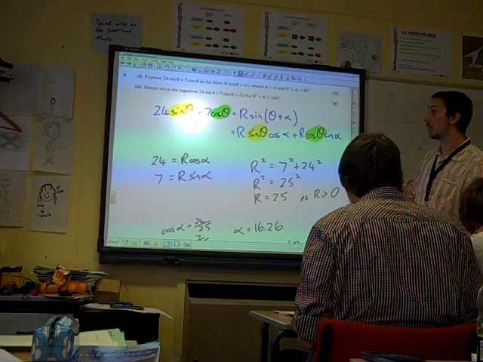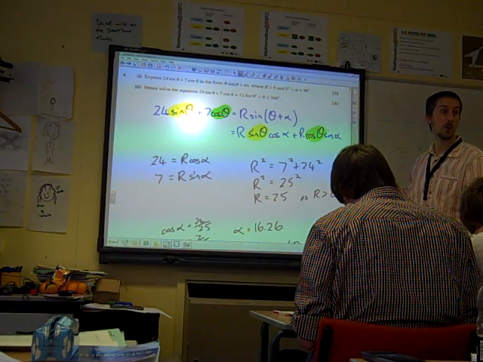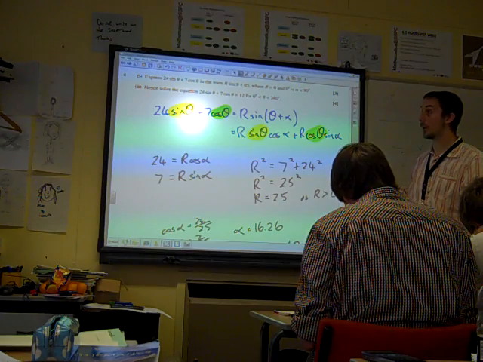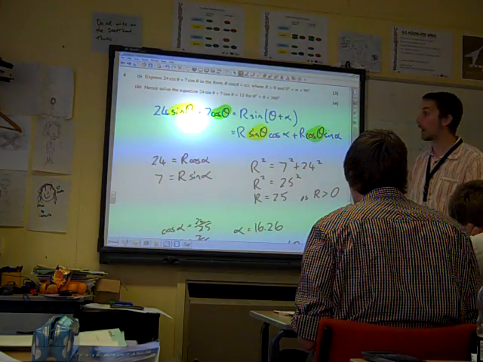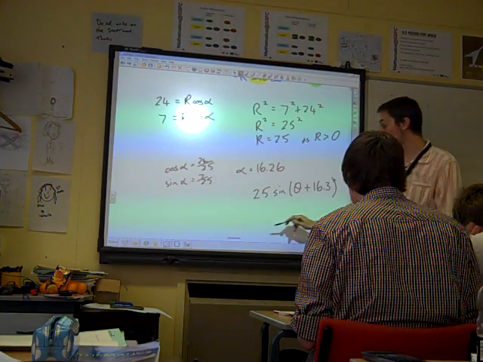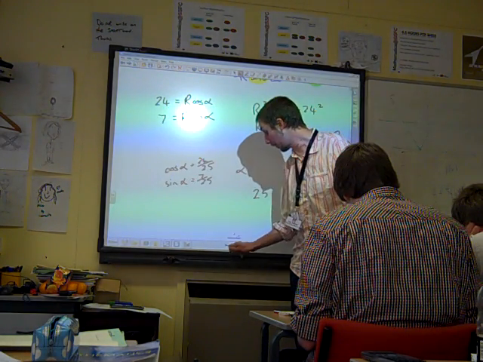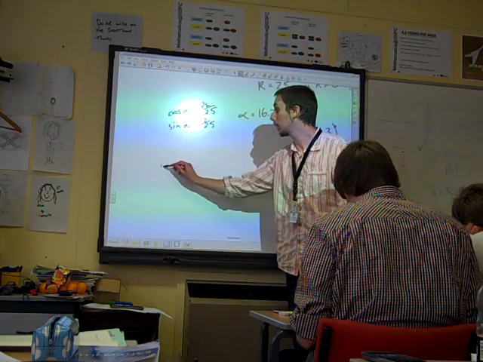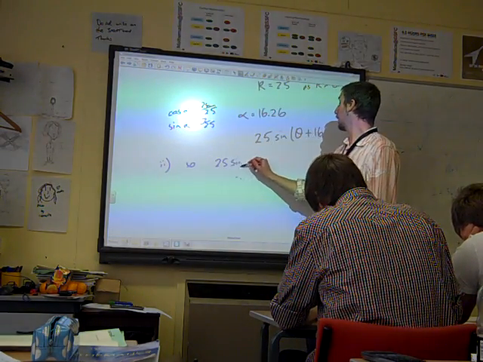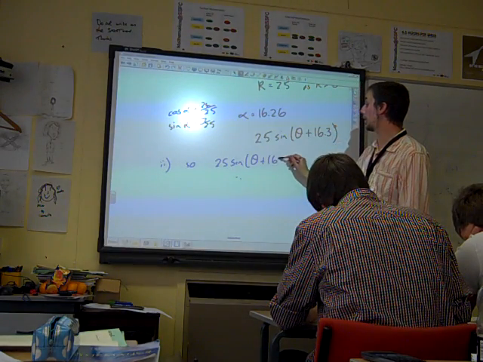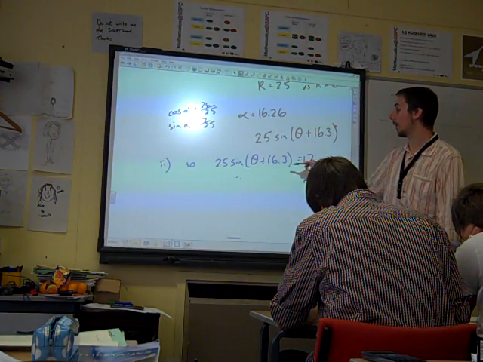The next bit. Hence solve the equation that equals 12. Well, all that means is we're now taking what we've just found and putting it equal to 12. So we're now saying part 2, 25 sine(theta plus 16.3) equals 12.